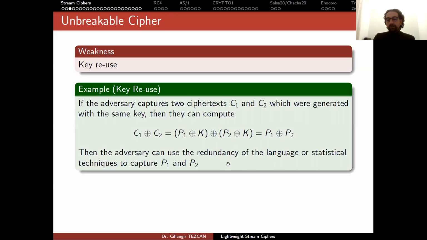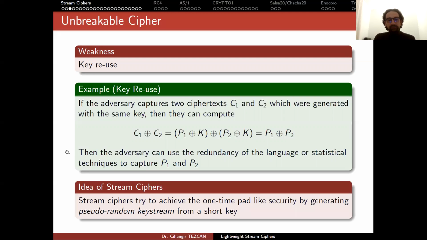And in history, we have a lot of examples where people broke messages because other people used a one-time pad twice. So the thing is that this is a good idea, but it is not practical. We cannot generate that many keys and so on. But this actually leads to the idea of stream ciphers. Stream ciphers try to achieve one-time pad-like security by generating a pseudo-random key stream from a short key.